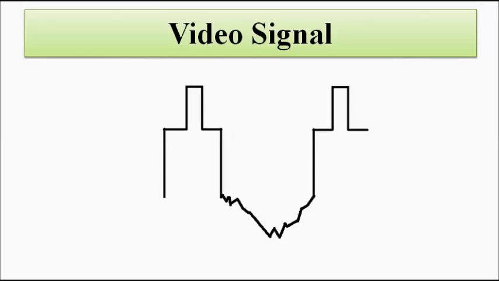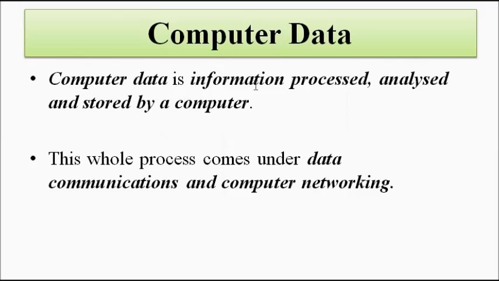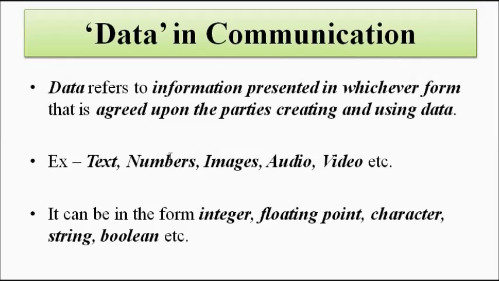And then we have computer related data, which is the information that is processed, analyzed, and stored by a computer. There is a whole subject dedicated to it, which is data communications and computer networking. The computer related data we are talking about is in bulk form.